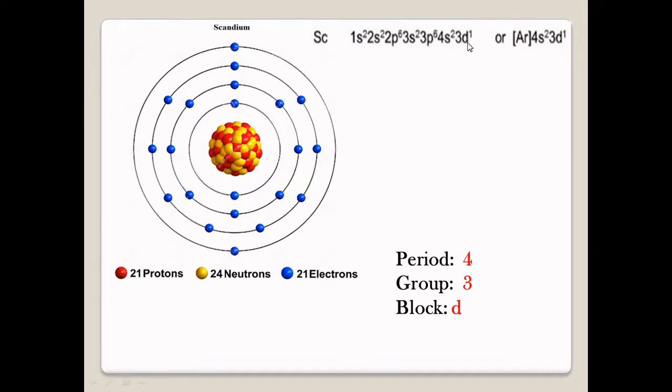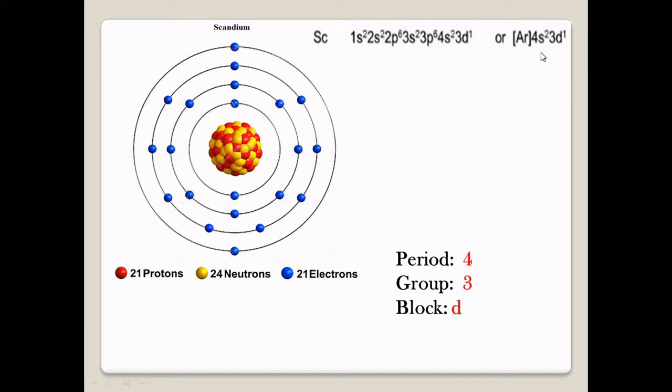In short we write argon 4s2 3d1. The 4 in 4s2 indicates it is a period 4 element. This d indicates the d block.